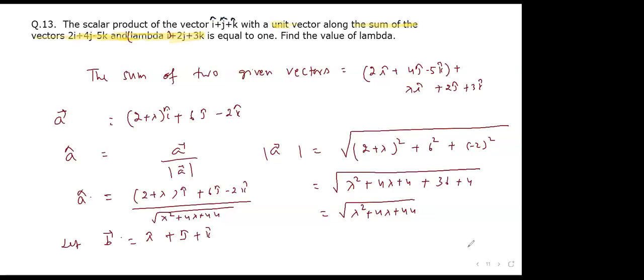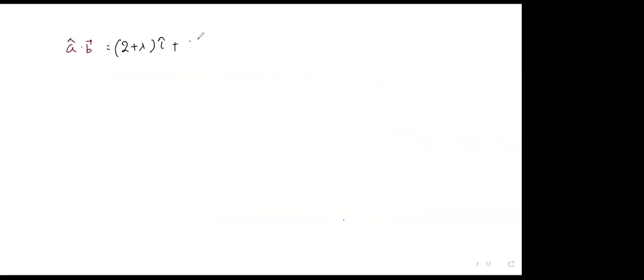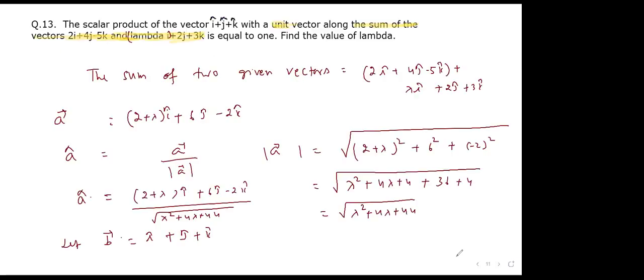And A cap dot B will be 2 plus lambda i cap plus 6j cap minus 2k cap, divided by the square root of lambda square plus 4 lambda plus 44, dot product with B vector.